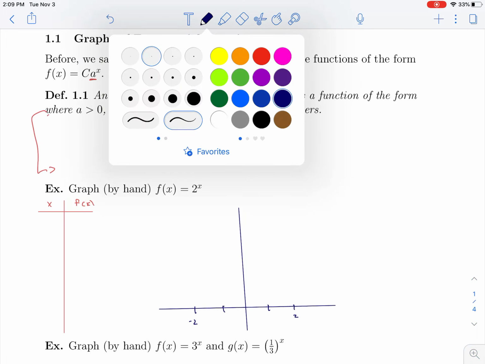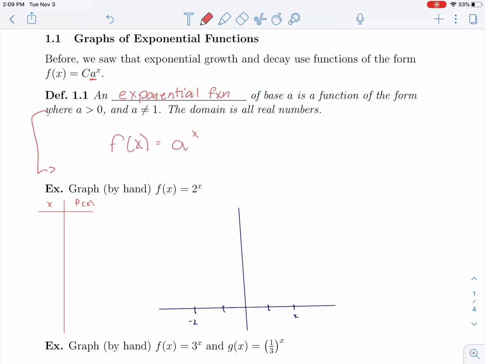So using what we know about exponential growth and decay, do you think this is a growth or decay? Do we think f of x is growing or is it going to be decaying?